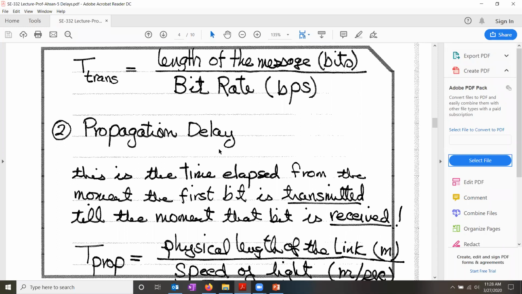All bits नहीं है. Any one bit, or if you, let's say, suppose you take the first bit, the time it takes from the moment the first bit is transmitted till the वही फर्स्ट बिट जो है वो रिसीव कब हो रही है, इसमें लास्ट बिट की कोई बात नहीं है.